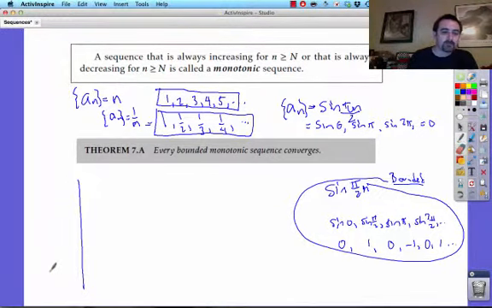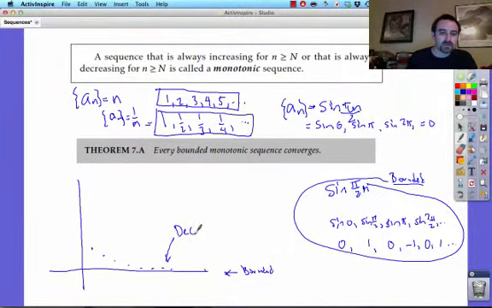Here's the picture. If we look at this sequence right here, we start at 1, go to a half, go to a quarter, we go halfway every time, basically. This sequence here is bounded below by 0 and is decreasing.